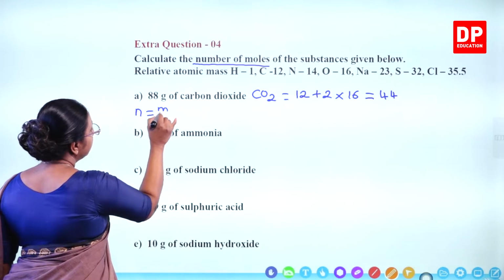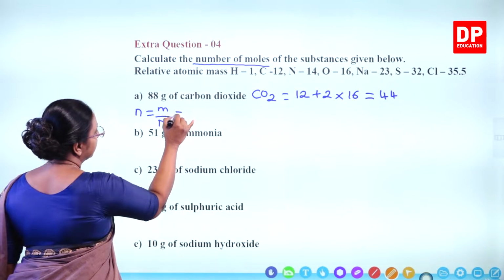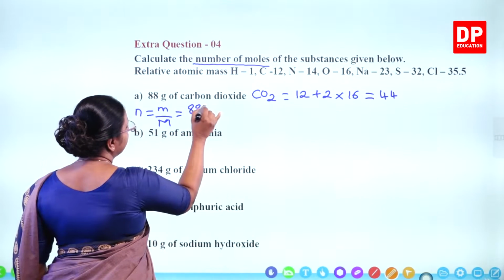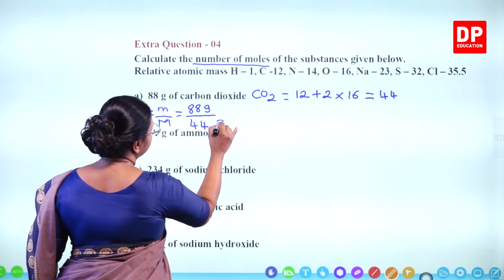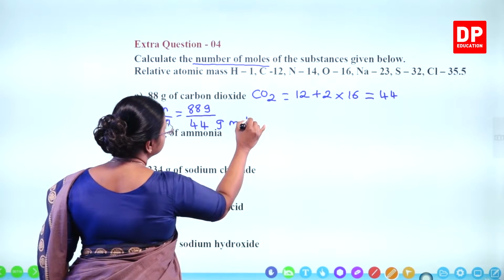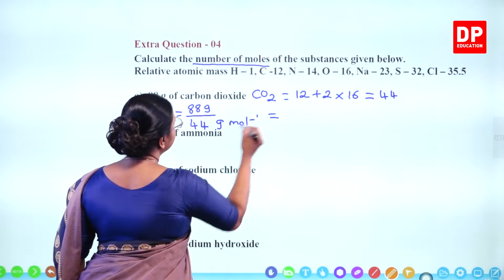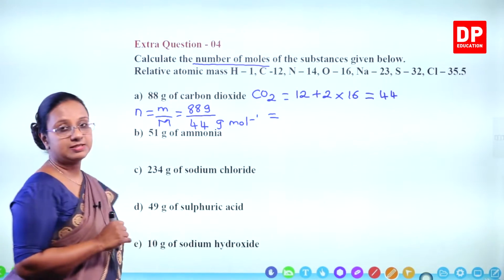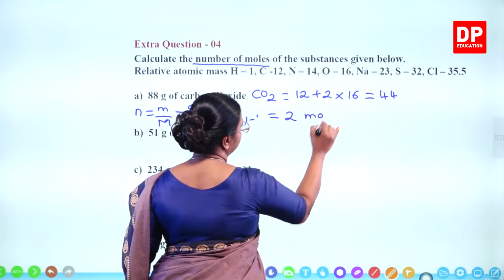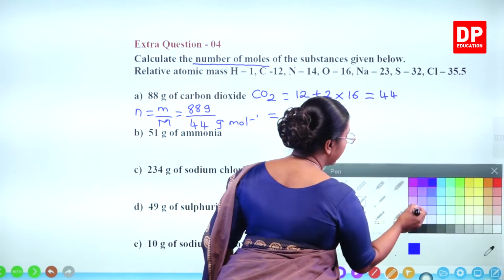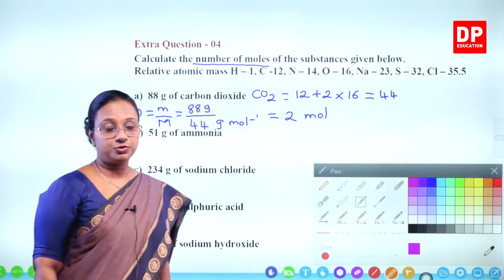Moles equal mass over molar mass. Mass is what? 88 grams. What is molar mass? 44 grams per mole. So when you calculate, what is the value? It will be 2 moles. That is the number of moles of CO2.